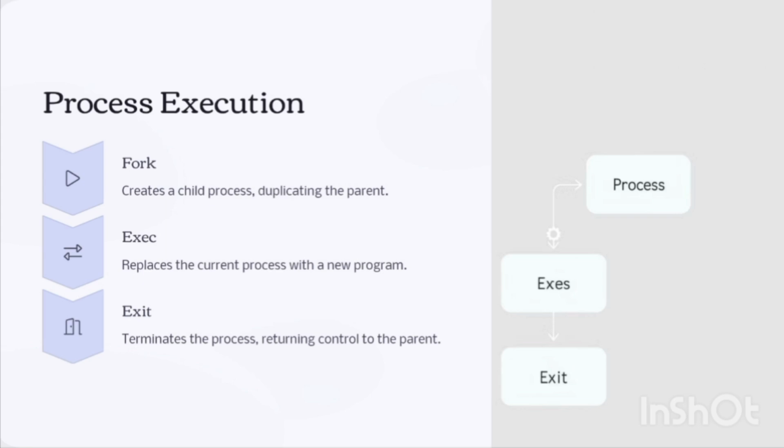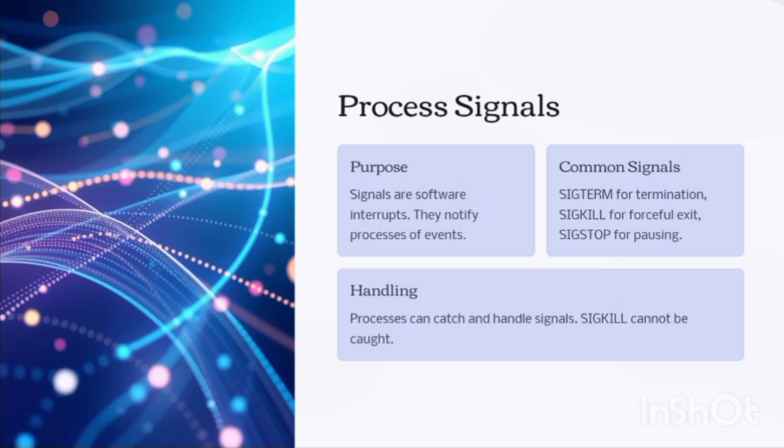Signals are like messages sent to a process, often to control it. Some common signals include SIGTERM, which is used to terminate a process. SIGKILL forces the process to stop immediately, and cannot be caught or ignored.